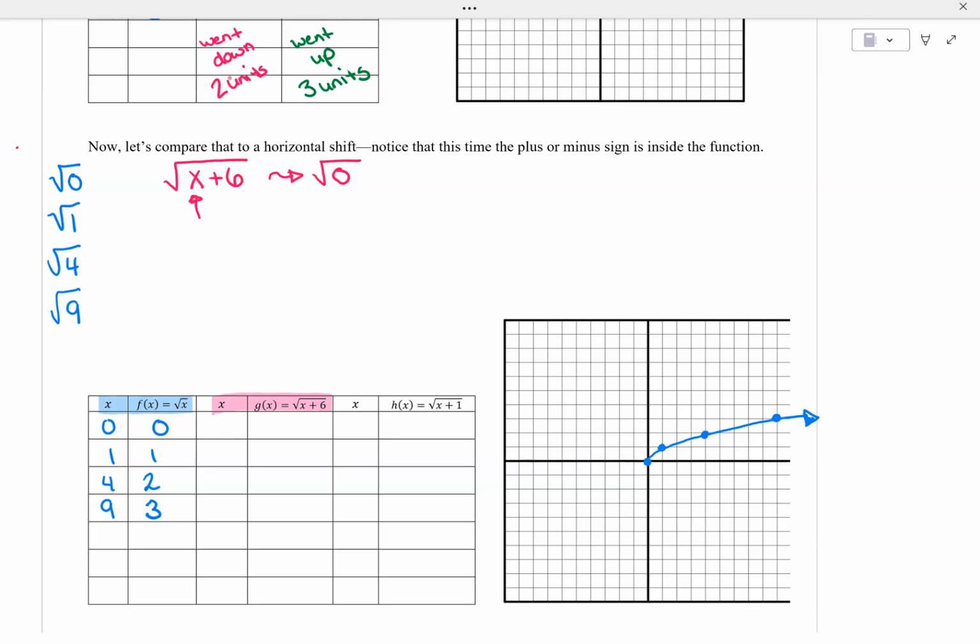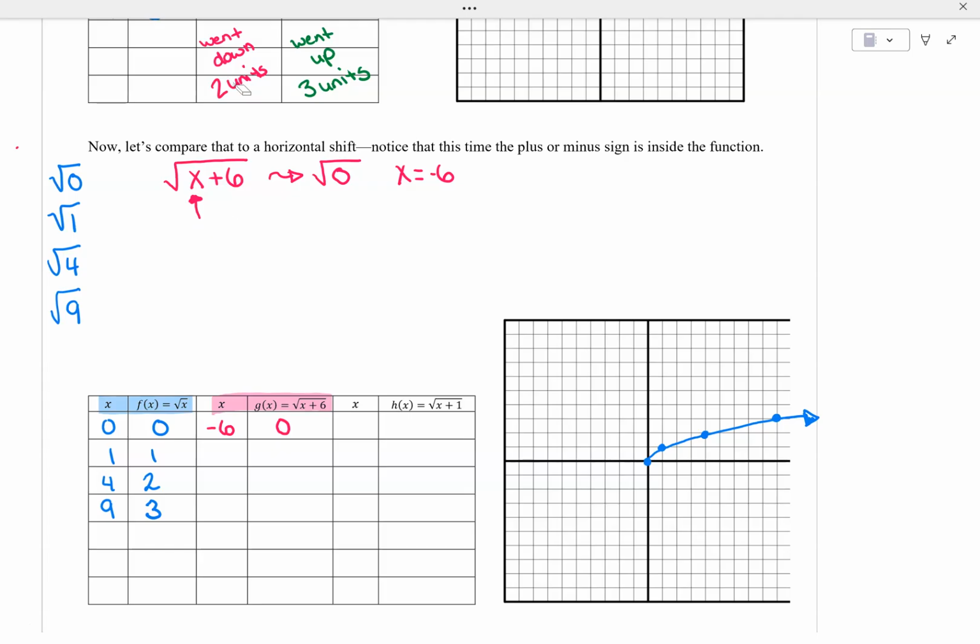So what would x have to be right here so that when I add 6 to it, I get a 0? Hopefully you told me that x would have to be a negative 6. Because if x is a negative 6, negative 6 plus 6 is 0. Then I can take the square root of 0 and get a 0.